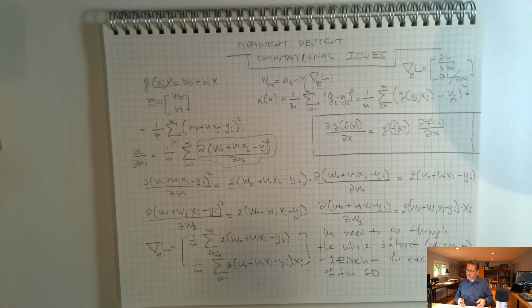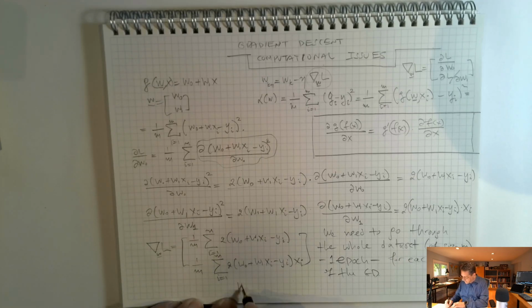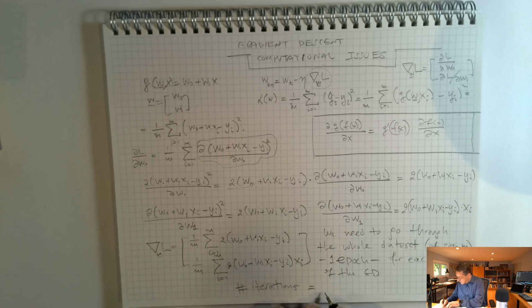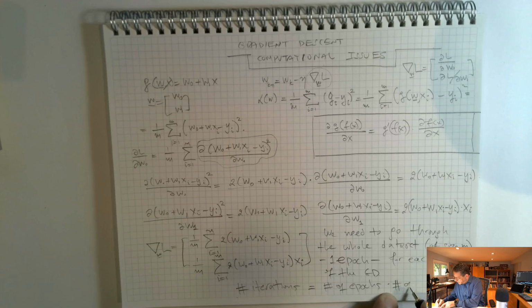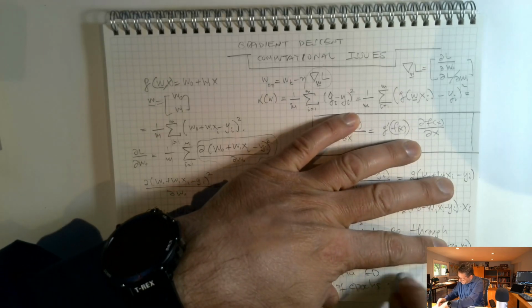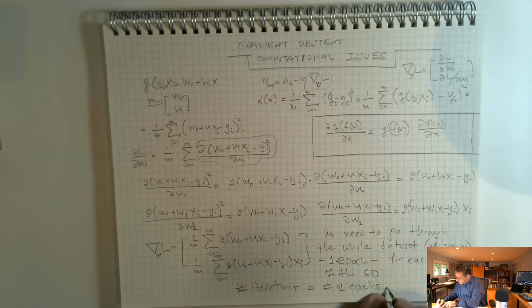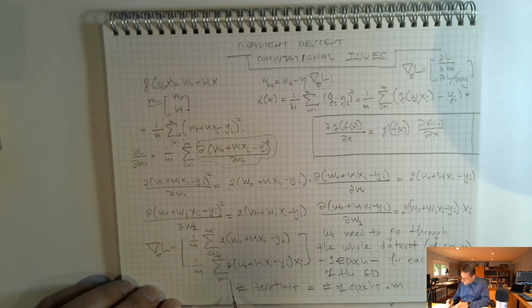Each epoch involves M examples, so it is the number of epochs times M examples that we have as a total number of iterations. So I can write here the total number of iterations is the number of epochs times the number of examples, which I called M, so I don't need to write this down. Number of epochs times M. So these are the number of iterations we're typically going to have to execute.